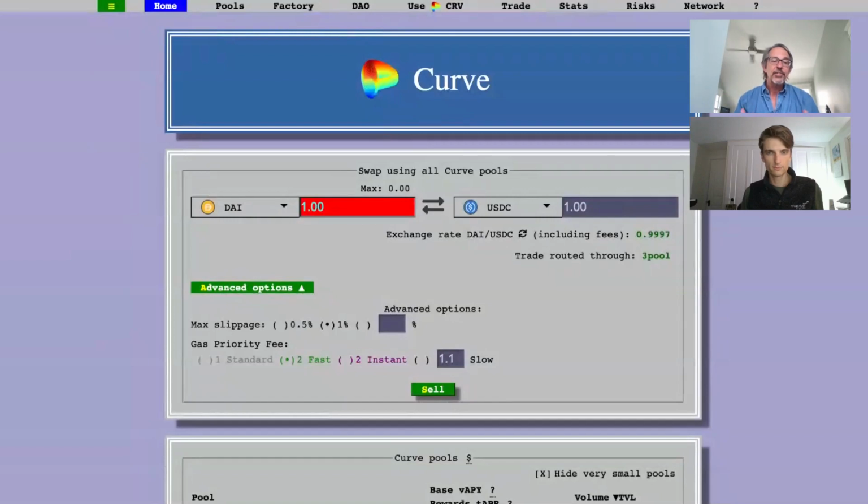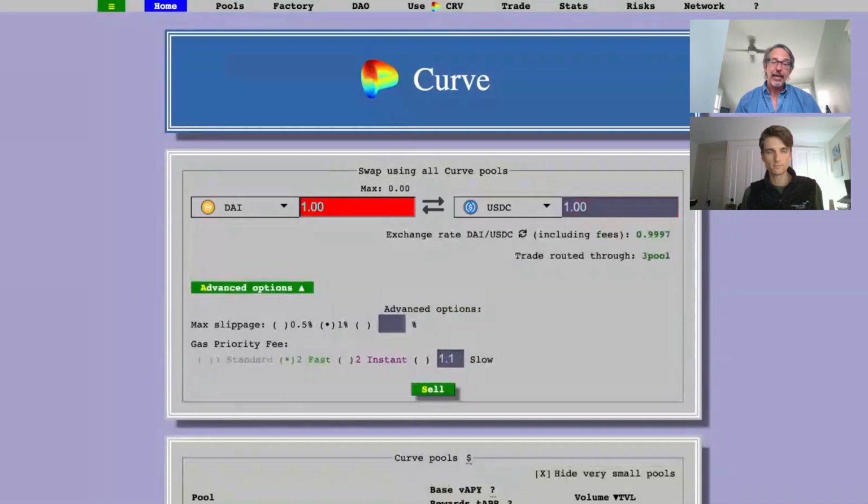Being stablecoin liquidity pools that facilitate these AMMs, one of the things when you first start in DeFi and you talk about putting your money into a liquidity pool to earn some yield is you have to watch out for impermanent loss.